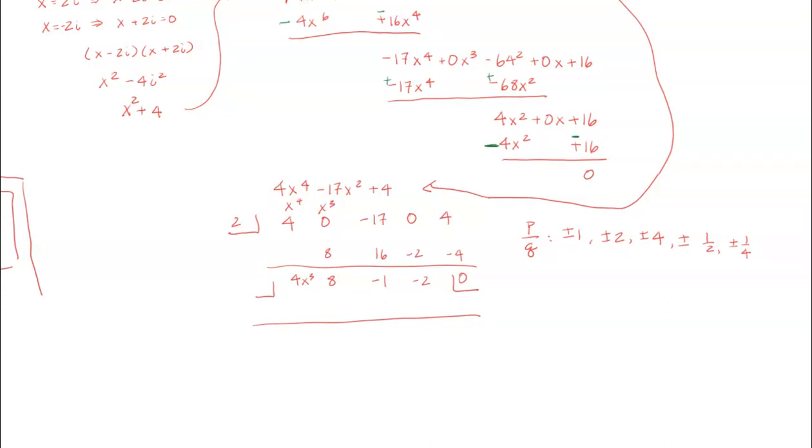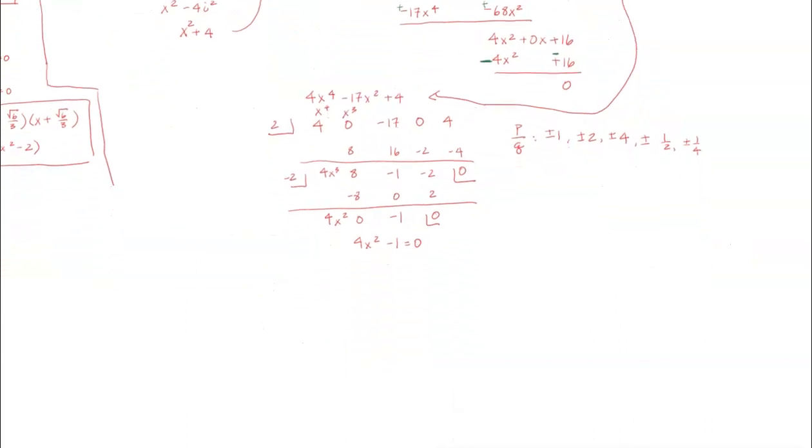Let's go ahead and try negative 2. 4, and then negative 8, 0, 0, negative 1, and 2. So that's now going to be x to the 2nd. So 4 x to the 2nd minus 1 equals 0.